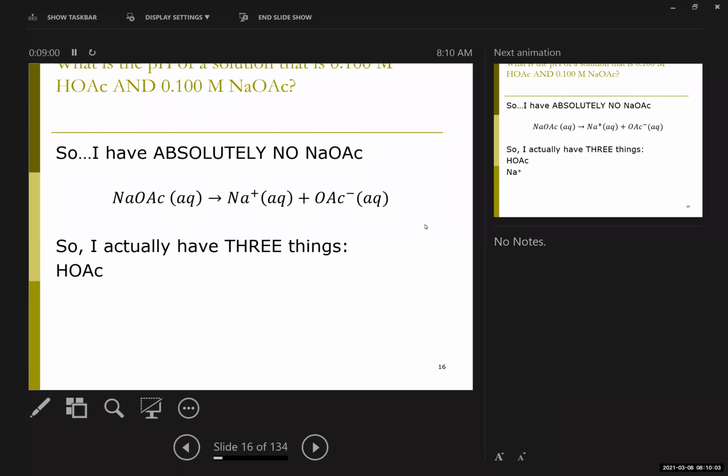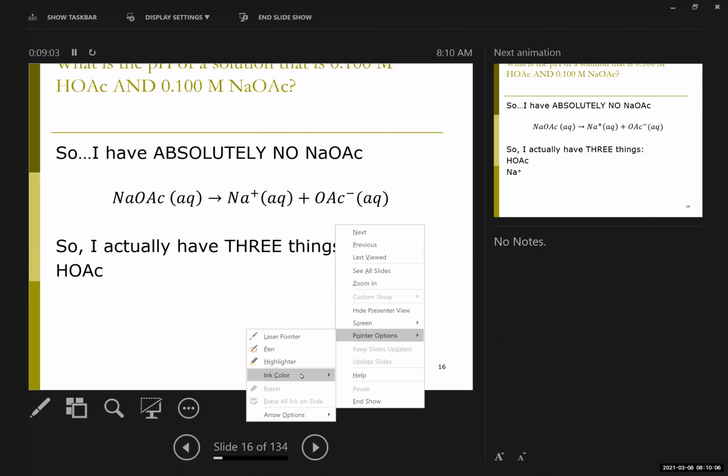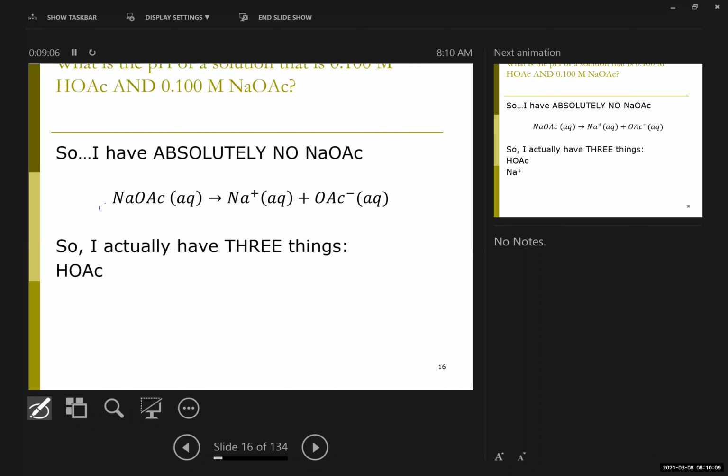Fundamentally, there's an ICE chart here if I wanted to create one. And so what I really have is acetic acid, which is not ionic and therefore does not dissociate, and I have sodium ions, 0.1 molar of them, and I have acetate ions, 0.1 molar of them.